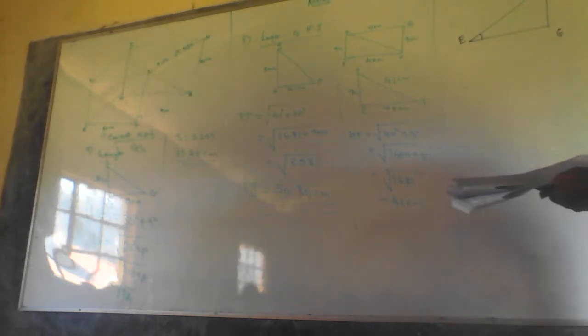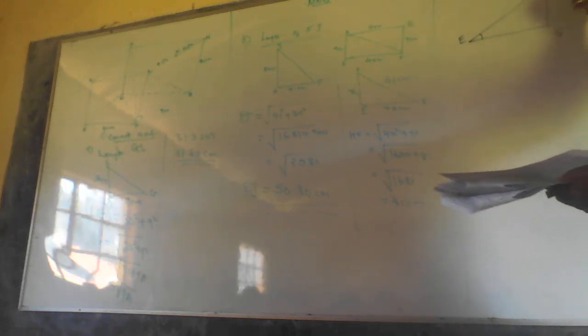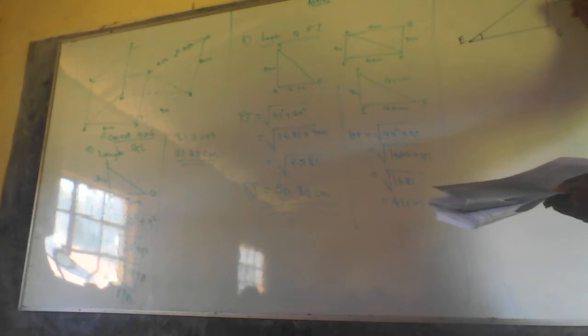So which dimension do we know? We know GM. GM, which is 30 centimeters. Another?